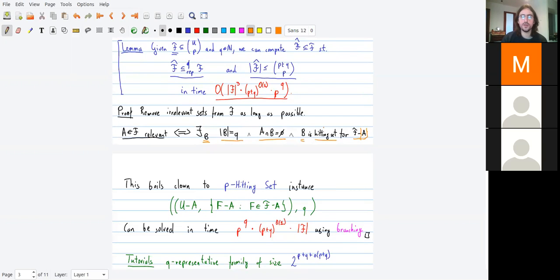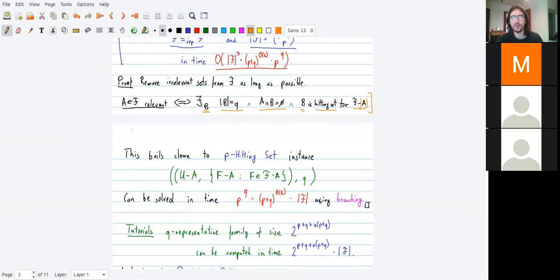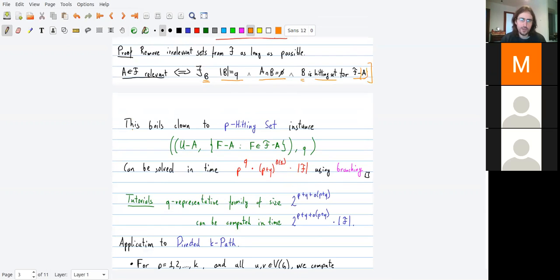So this is the problem that we need to solve if we want to determine whether a set can be removed safely from my family when computing a representative subfamily. And this essentially boils down to a hitting set problem, right? Because I have a universe U with set A excluded.